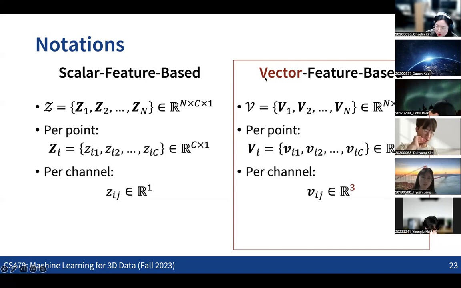Now we are transforming this into the vector feature-based system, where V is the data for the entire point cloud, and for each point we have a list of three-dimensional vectors. So for each point and channel, we have a three-dimensional vector.